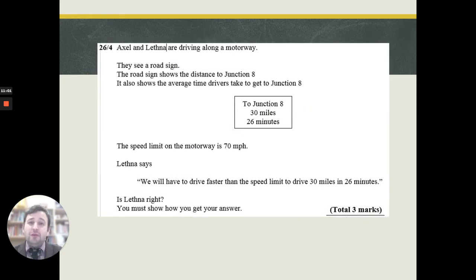And again, just another example of a question that appeared towards the end of a foundation paper but the start of a higher tier paper. And again, this idea of, is she right? A student that simply writes yes or no, it's a flip of a coin, it's a multiple choice. That's not the idea of this question, and they would score no marks even if they've got it right.